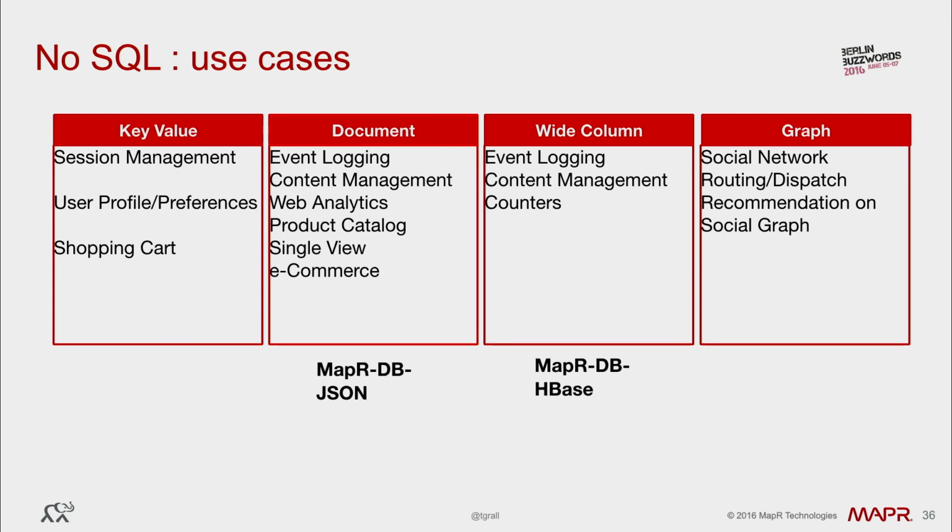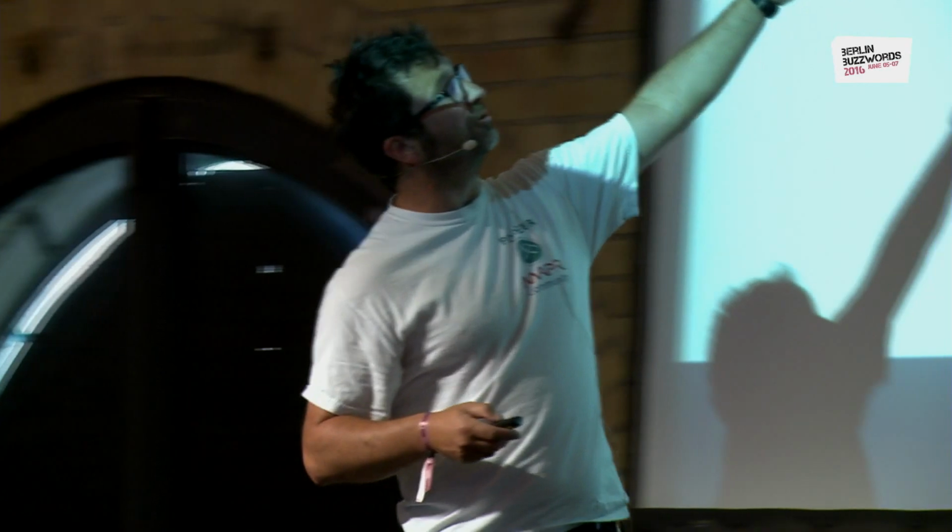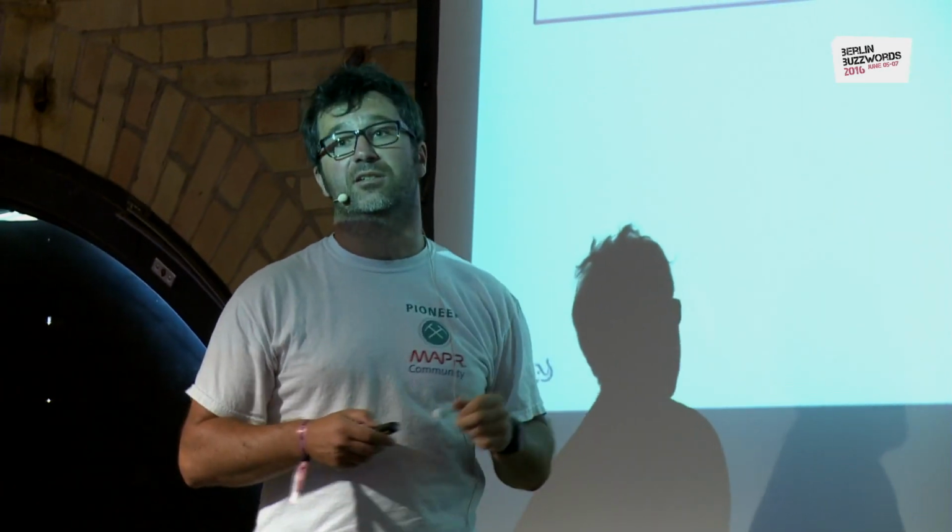I took two examples, MapR-DB JSON and MapR-DB HBase, and which type of application will be the best for each database, or which database will be the best for a specific use case. And let's dive into one of them, the product catalog, to show you the benefits of a JSON-oriented database.